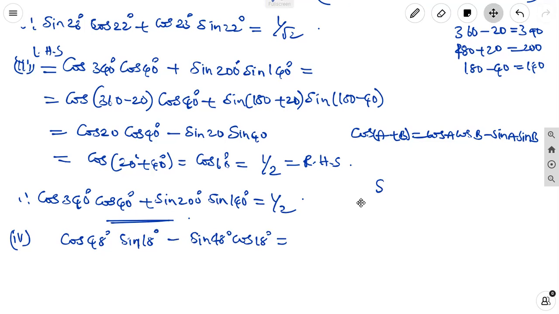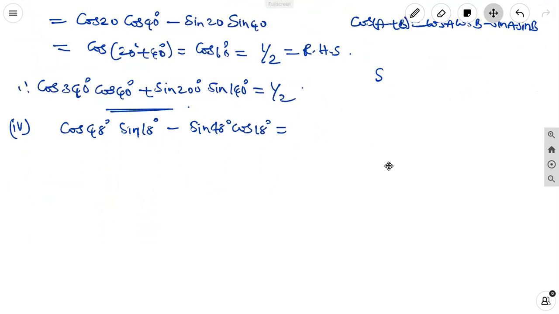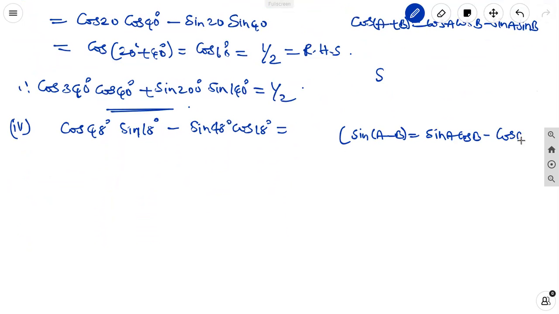Here also the suitable formula is sine of A minus B equal to sine A cos B minus cos A sine B. Here it is equal to sine of 18 degrees minus 48 degrees.